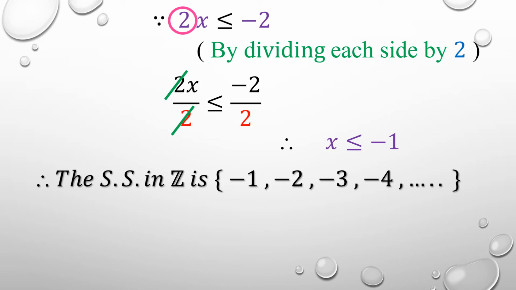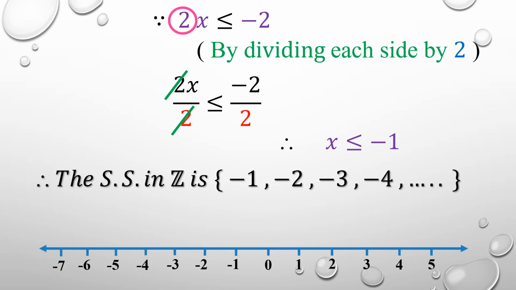It's an infinite set. But now I want to represent this set on the number line. Number 1, we draw, by using the ruler, the number line and distribute the numbers like this. Okay? And represent this solution set: negative 1, negative 2, negative 3, negative 4.